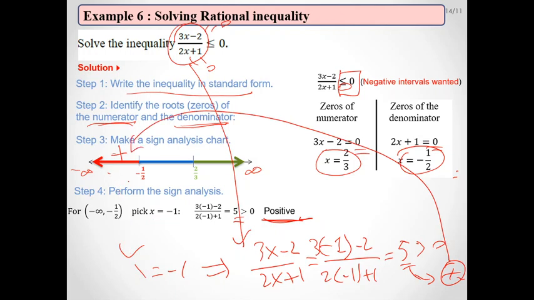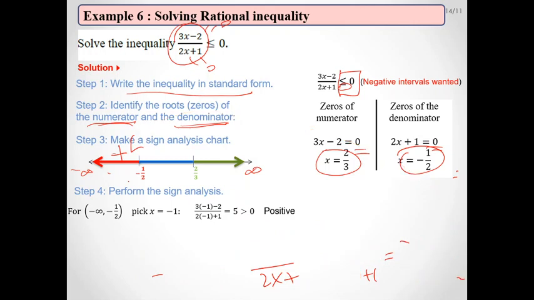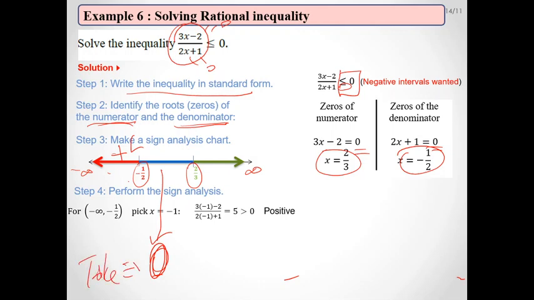Now do the same thing for the other one. Pick a number between -1/2 and 2/3. A good option is 0. Take x equal to 0 and plug it here.